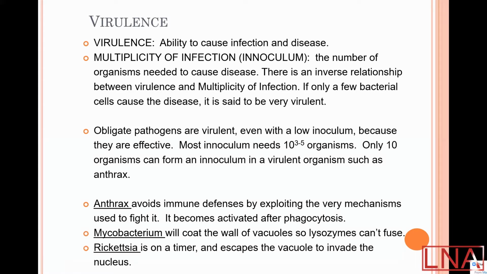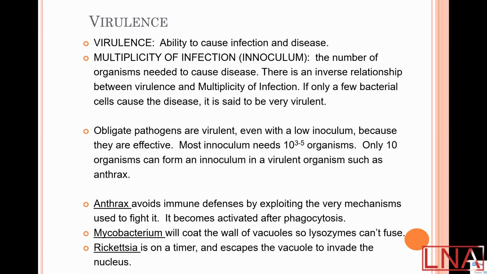For Escherichia coli, for example, it's a very high infection dose, so inoculum. But for Shigella, which is very similar, it's a very low infection dose. Obligate pathogens are virulent with a low inoculum because they are effective.